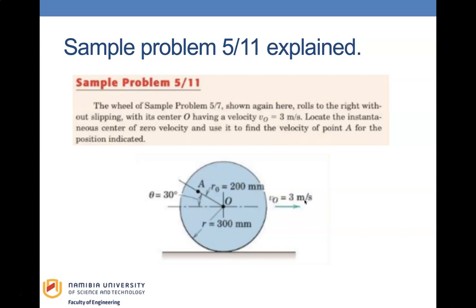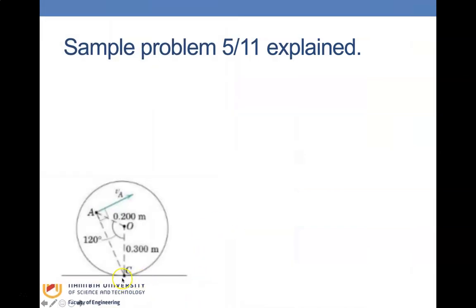So we know that for pure rolling, when there is no slip, there will be zero velocity at the point of contact of the wheel with the ground. Therefore the angular velocity of the wheel, omega, is the velocity at point O divided by the distance OC. This gives 3 divided by 0.3, which is 10 radians per second.